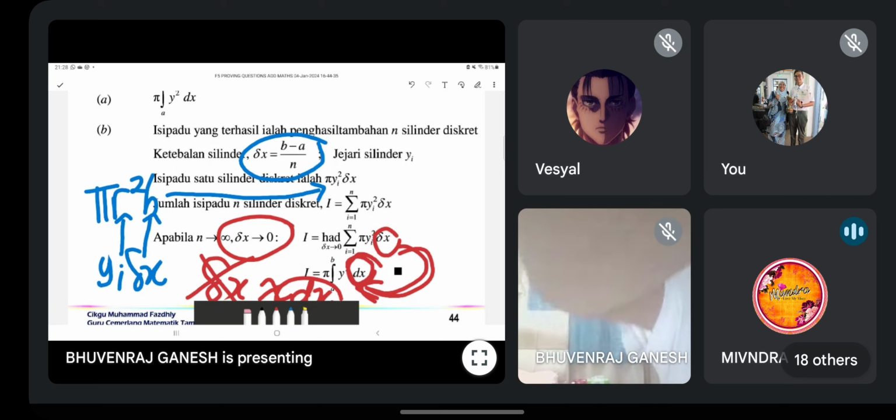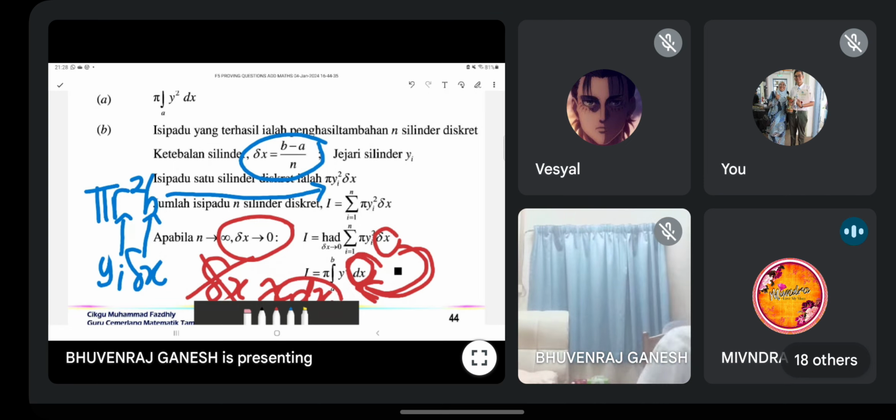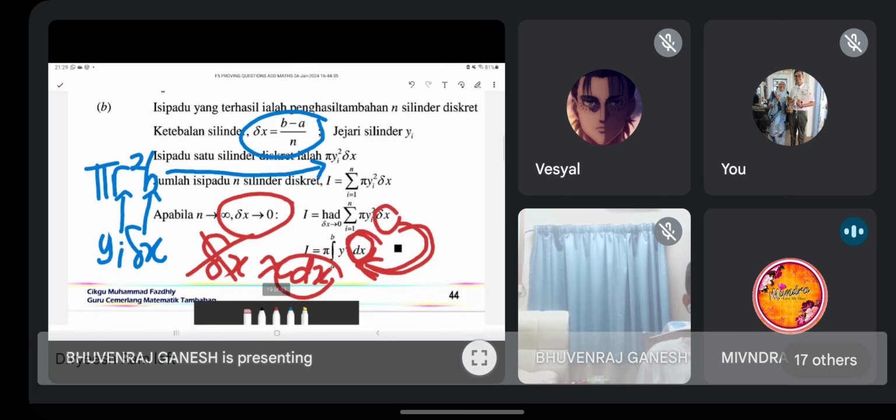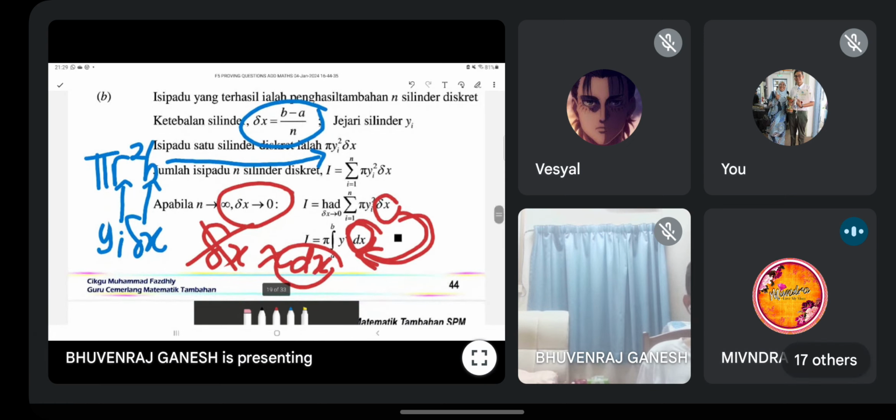Jumlah isi padu n silinder, kita guna sigma, i sama dengan 1 daripada silinder pertama, pi y square delta x. Lepas tu delta x approaches 0, kita tukar delta x jadi dx dan sigma jadi pengamiran a hingga b. Lepas tu kita dah dapat buktikan.